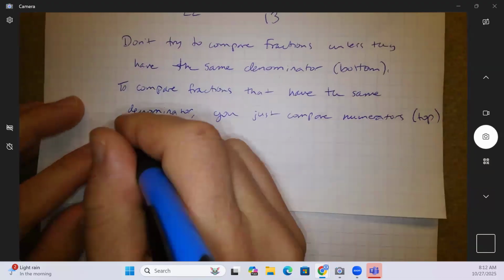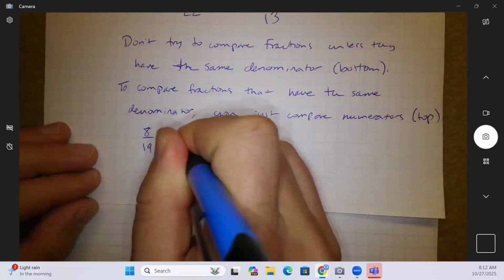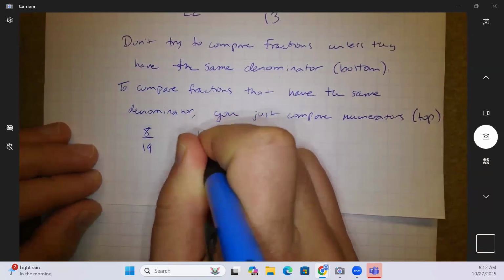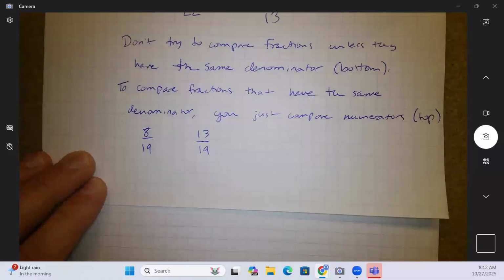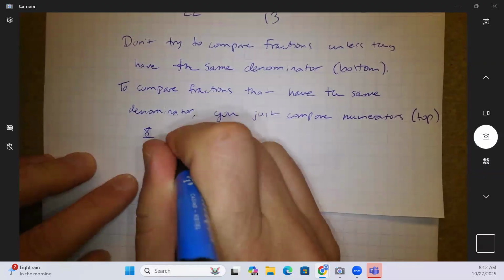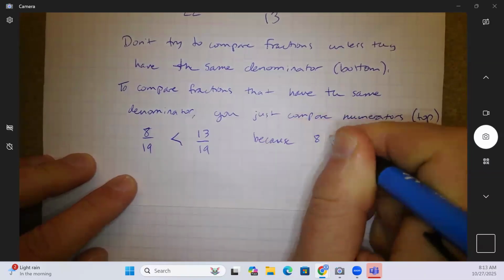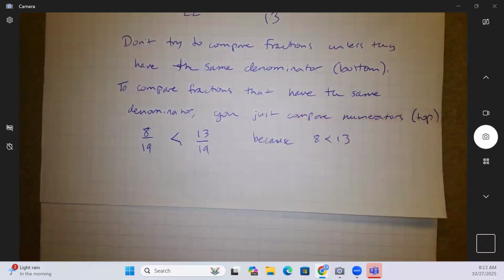If I want to compare 8 over 19 and 13 over 19, which one of these is bigger? 13 over 19, because 13 is bigger than 8, and they're both divided by the same number.